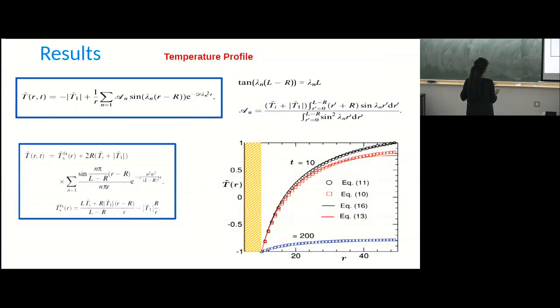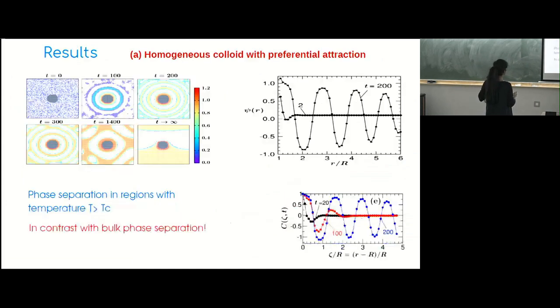Now let's have a look at the order parameter profile. First, the homogeneous colloid, which has a preferential attraction to one of the two components, whose order parameter is positive. Here I plot only those points where the order parameter is positive.